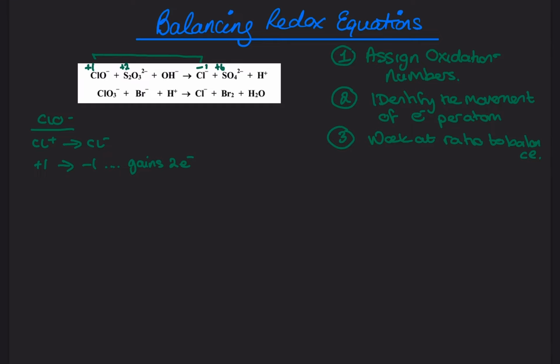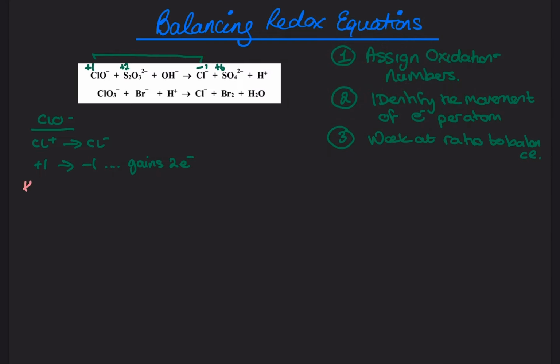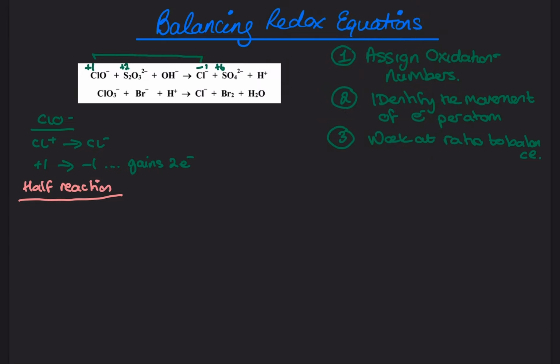Okay, so if I wanted to write down the half reaction to that, I'm going to write down Cl+, what it gained, 2 electrons, and that became a Cl-. Okay, so that's as far as I can do for now.